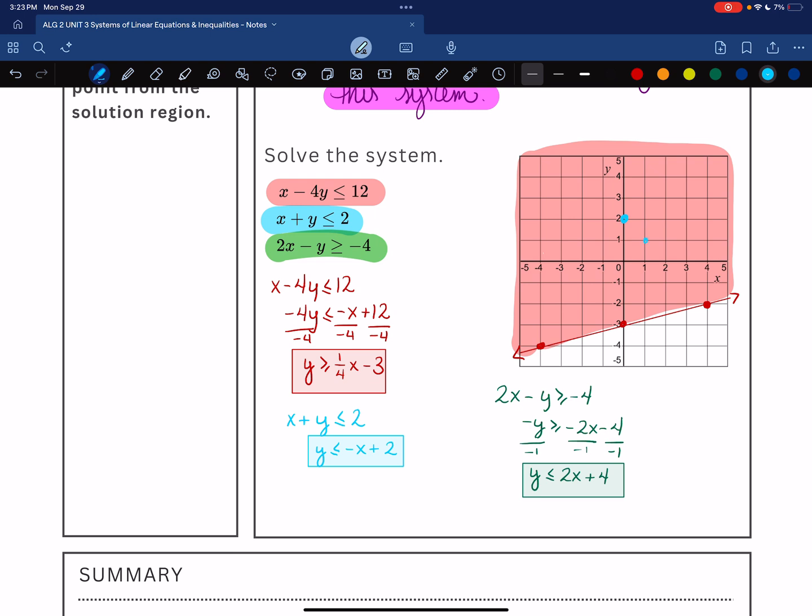Negative 1/1, down 1/1. Okay. It's y values less than or equal to, so we're going to have a solid line. And it's less than or equal to, that's how you read that symbol. So we're going to shade everything below that line.